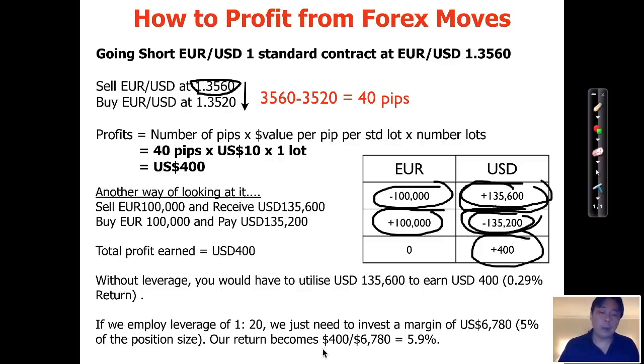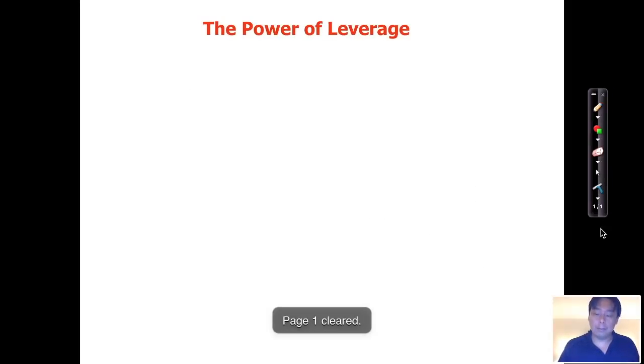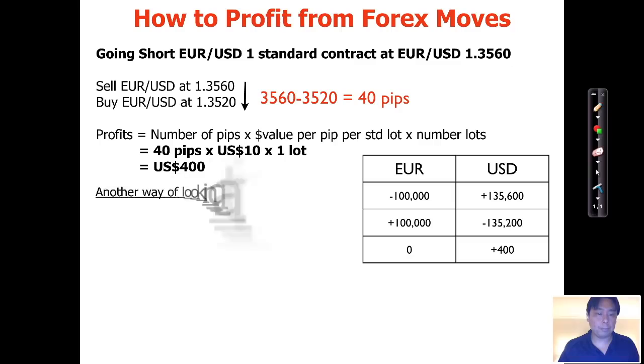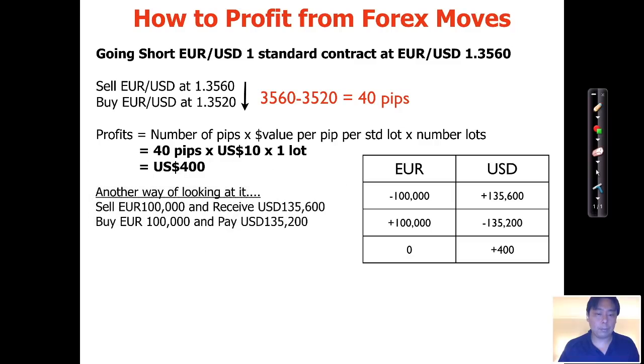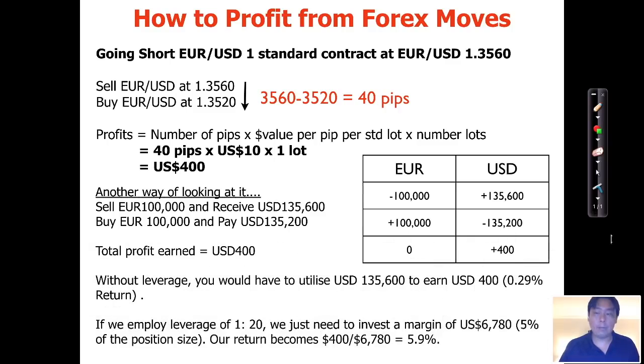So $400 over 6 grand is 5.9% return for one trade that takes 1 to 2 hours. Pretty good return, right? So leverage is what allows us to get a really good return on our trades.